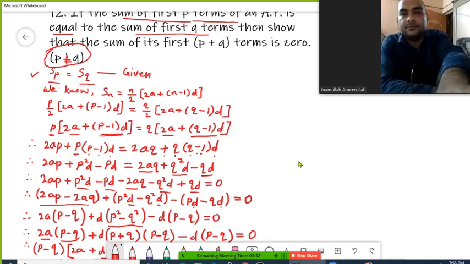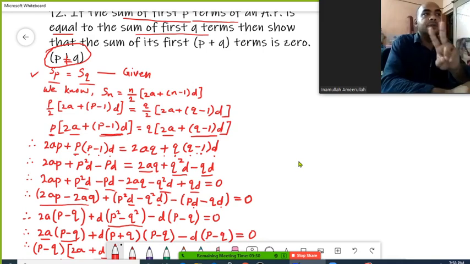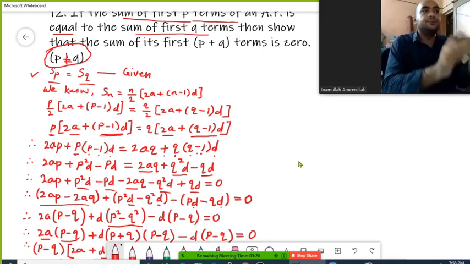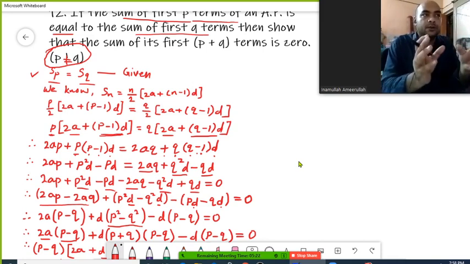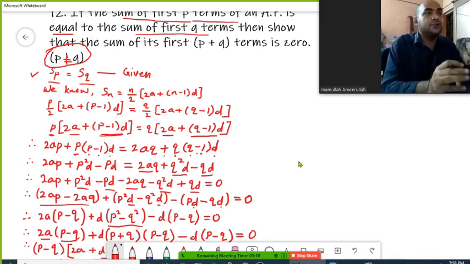But if two numbers are not equal, then their difference cannot be 0. Suppose p is 5, q is 5, so they are equal. So when you subtract them, you will get 0. But the question already says that p is not equal to q, which means when you subtract one of them from the other, the resulting number will not be 0.